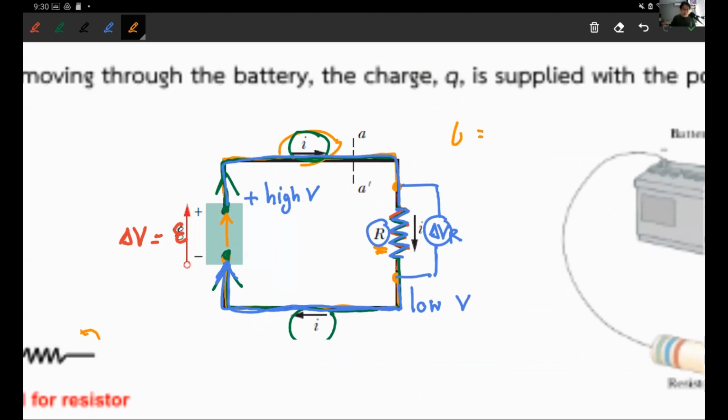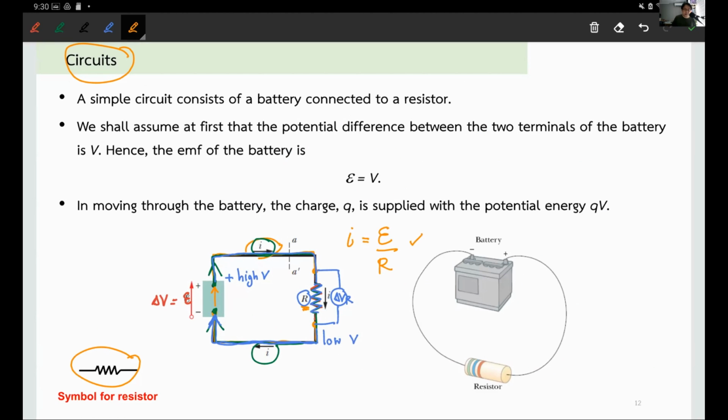I hope you see, even though it's a little redundant here, that from the perspective of energy consumption, you come out with high potential. Every time you go through a resistor, it reduces that potential, and once you arrive back at the negative end of the battery, the pump lifts the energy up again. So think of it like lifting up the charge, so the charge can start flowing downhill again.